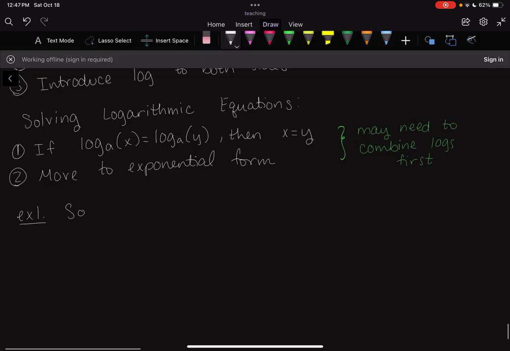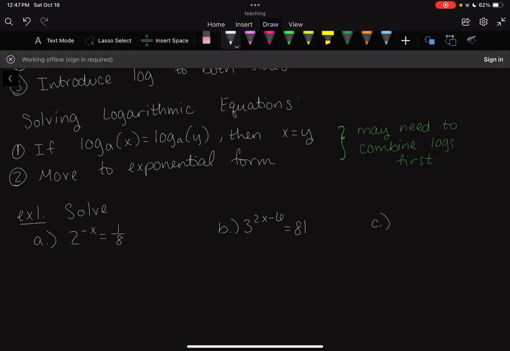So these are just going to say solve, and I have a bunch of them for us. So the first one we're going to start off with is 2 to the negative x equals 1 over 8. Next, we'll do 3 to the 2x minus 6 equals 81.